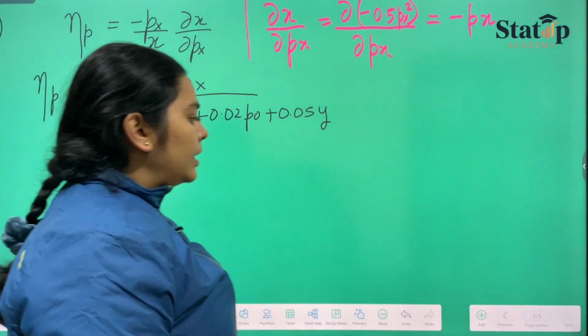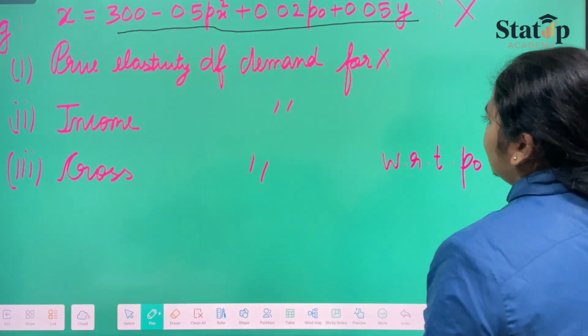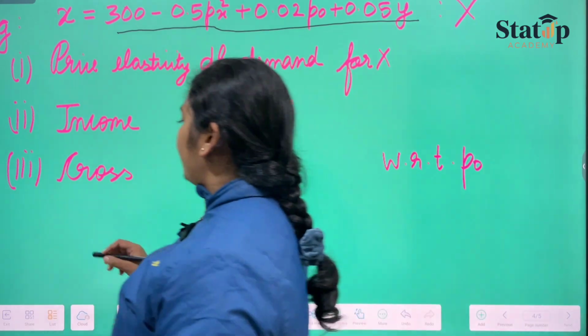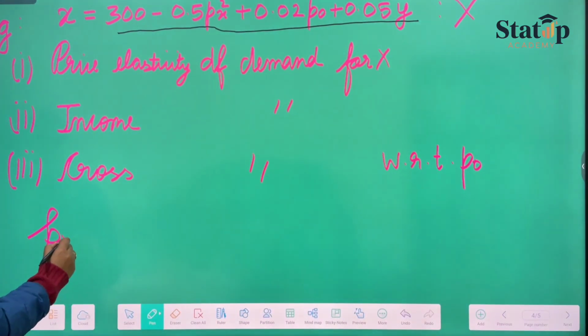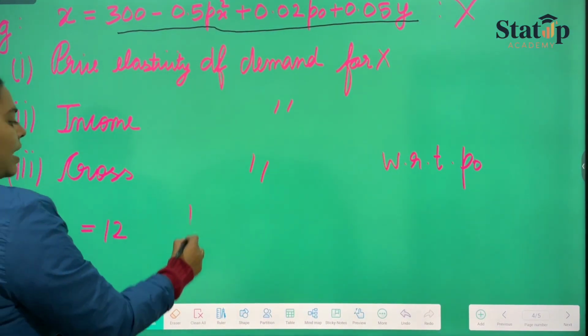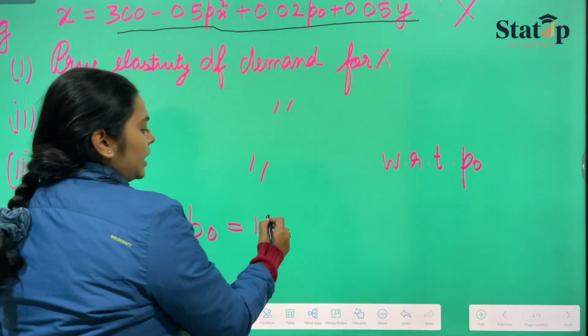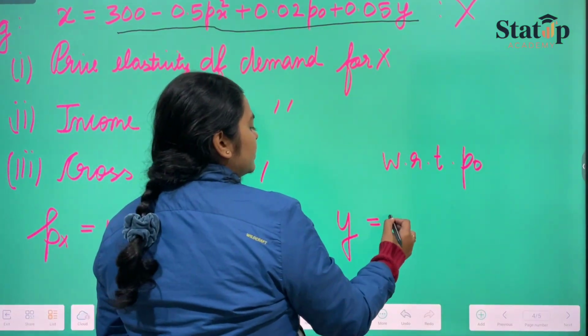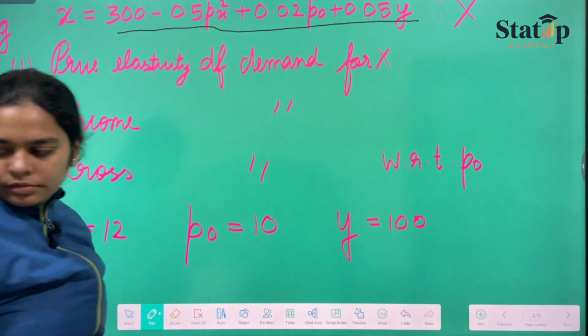Now in the question it has also been stated that the value of px is given as 12, the value of p naught is given as 10, and the value of y is given as 100.